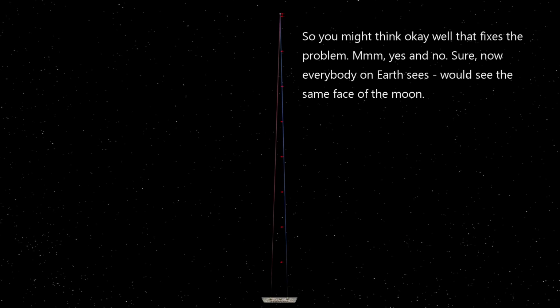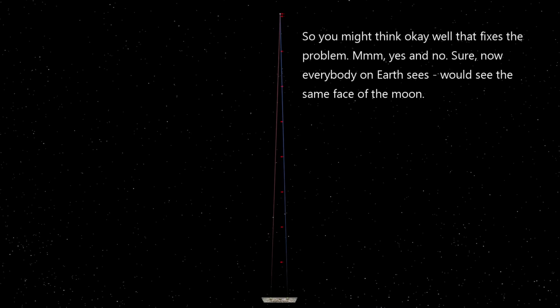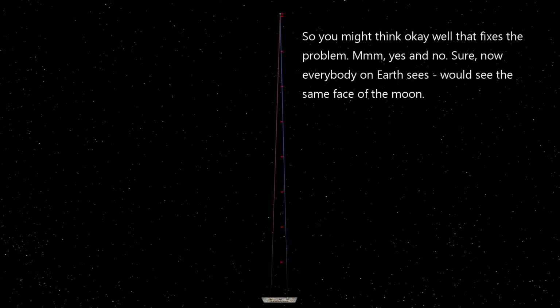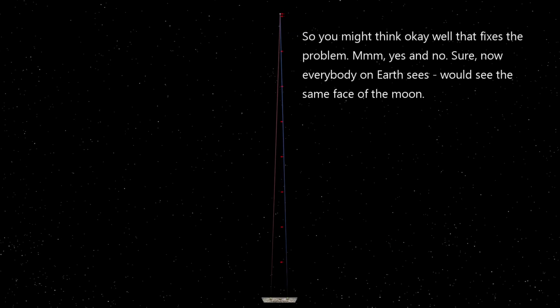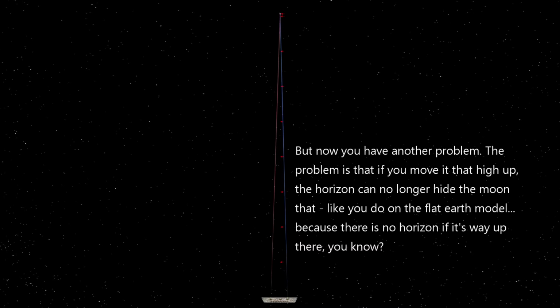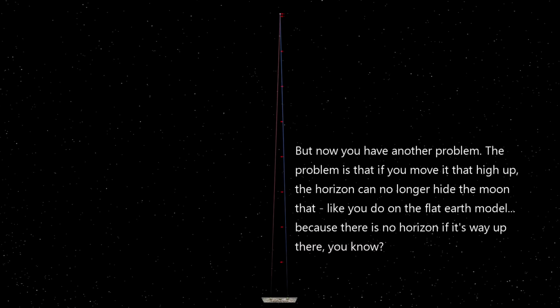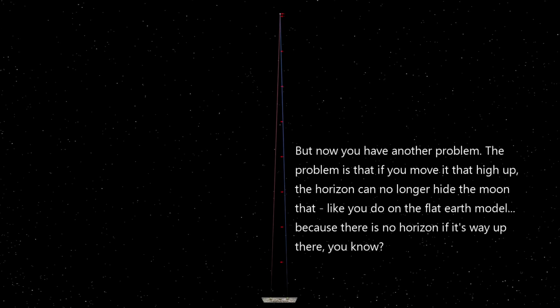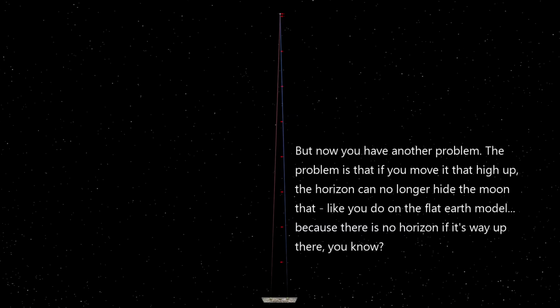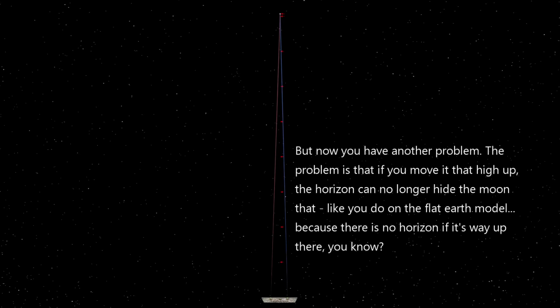So you might think, okay, well, that fixes the problem. Yes and no. Sure, now everybody on Earth would see the same face of the moon. But now you have another problem. If you move it that high up, the horizon can no longer hide the moon like it does on the flat Earth model, because there is no horizon if it's way up there.